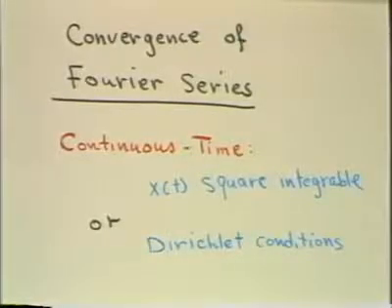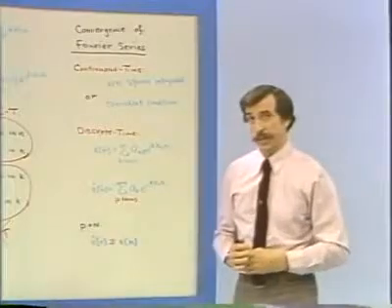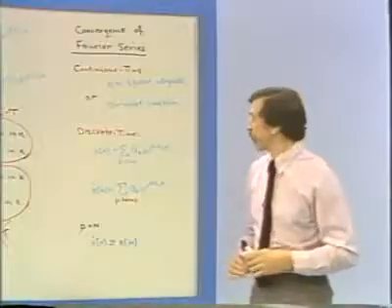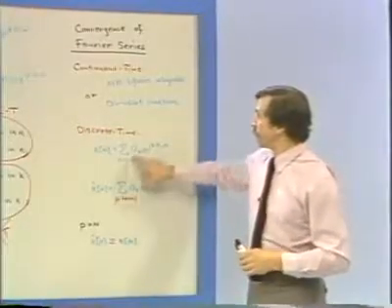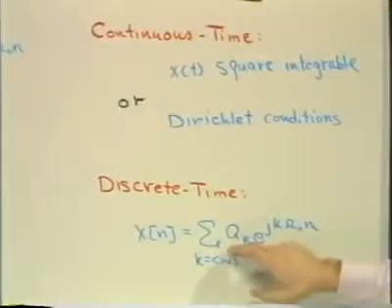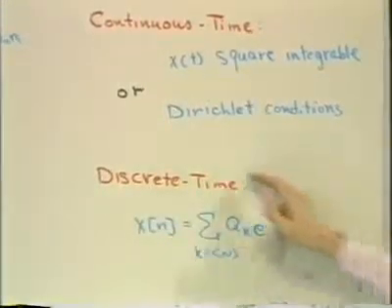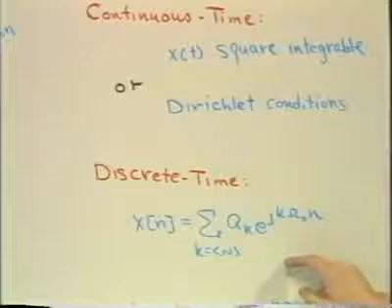Let me just simply draw your attention to the fact that in the discrete time case, what we have is the representation of the periodic signal as a sum of a finite number of terms. This represents capital N equations and capital N unknowns.